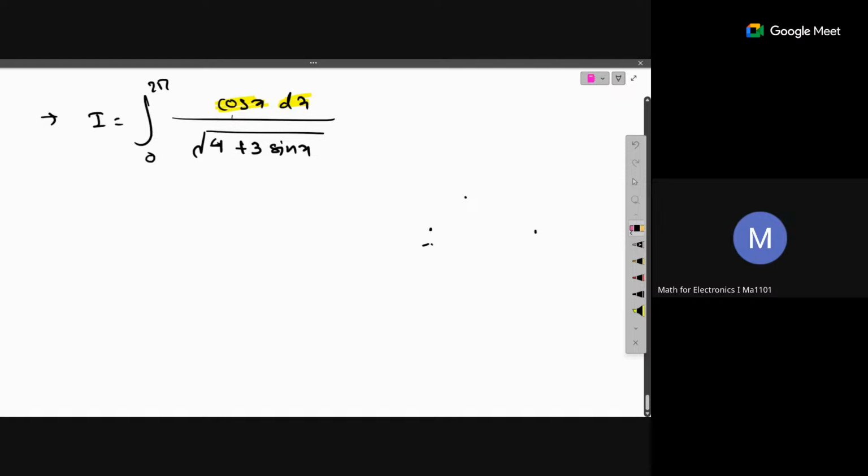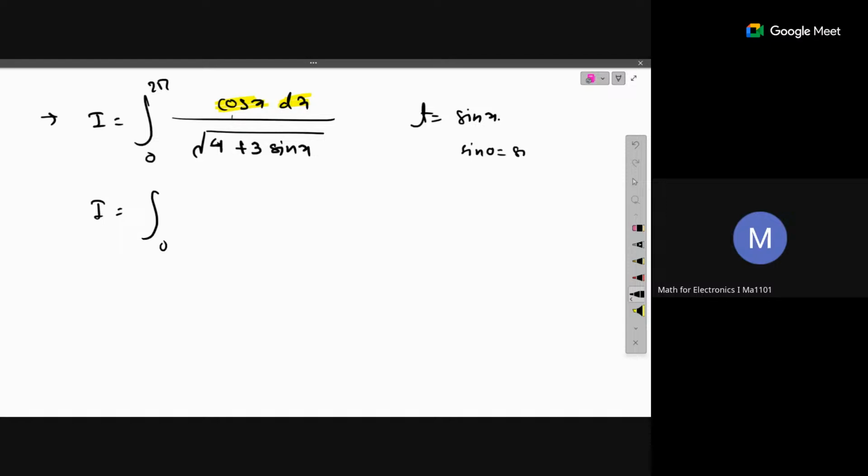So that means we can change this integral from 0 to pi as well, since I want to make t equal to sine x. Sine 0, sine pi, and sine 3 pi by 2 are all equal to 0.